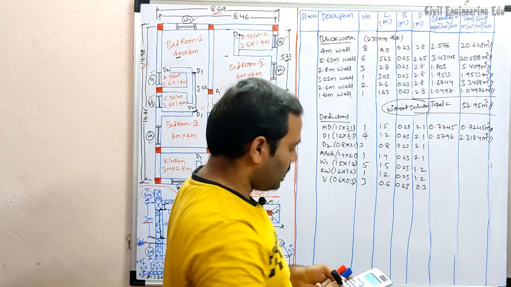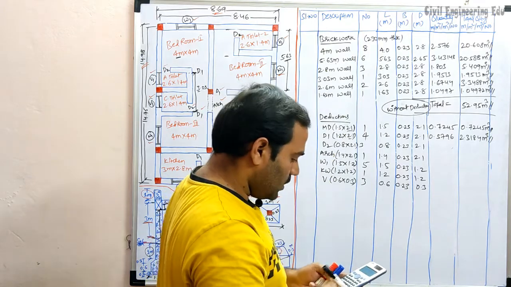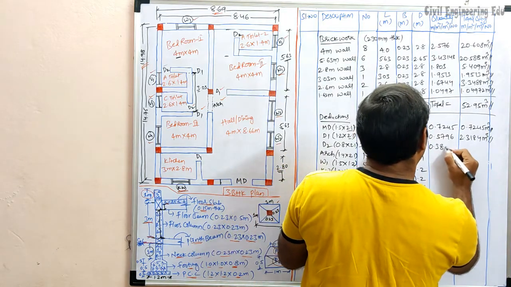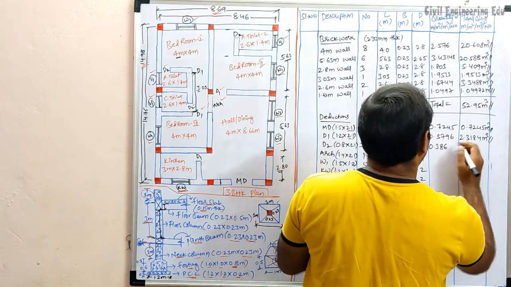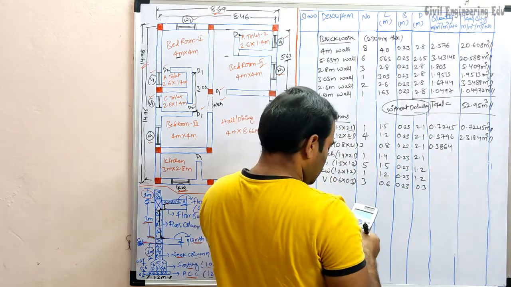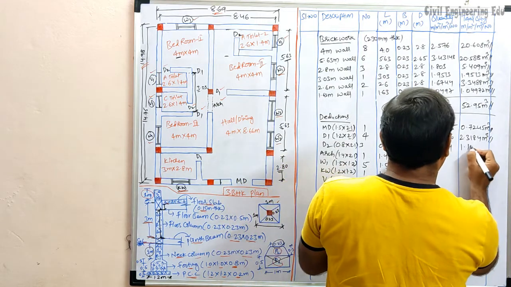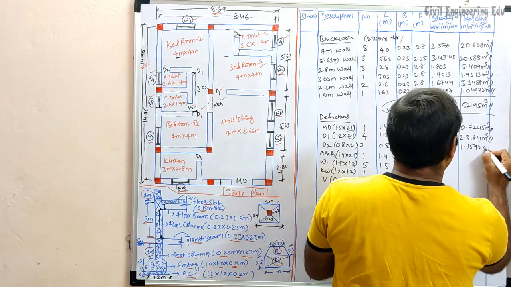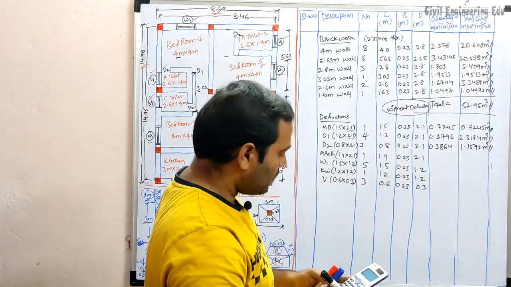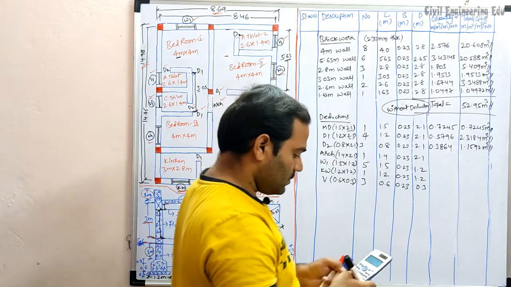Next one is 0.8 into 0.23 into 2.1, 0.3864 multiplied by 3 numbers. So into 3, 1.1592 meter cube.